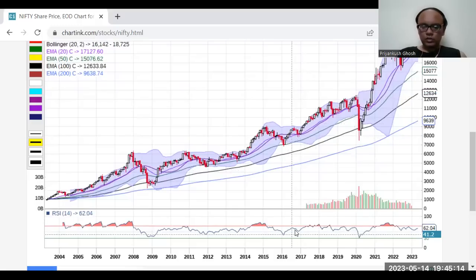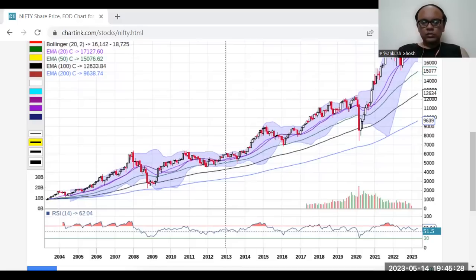So 2008 to 2014, zero return. 2014 to 2020, 100%, right? So what is the difference between these two time periods? This 6 years, this is also 6 years, zero return.